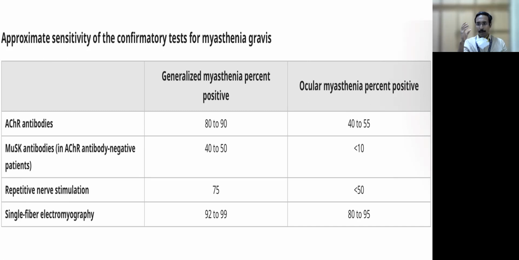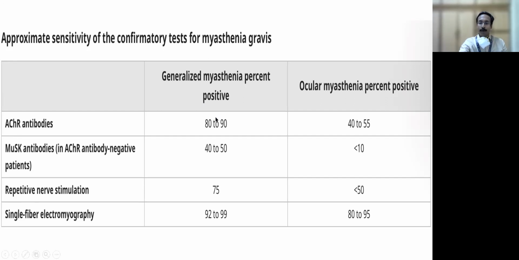If a patient comes with isolated ptosis or mild ptosis with diplopia, disease restricted to the ocular muscles, and electrophysiology is negative, AChR antibodies are positive in only half of them. So we have a lot of patients with ocular myasthenia where antibodies are negative, but the clinical phenotype is fitting. The ice pack test might be positive, demonstrating the fatigability and the fluctuation, and improvement with pyridostigmine. So both electrophysiology and antibody testing help.